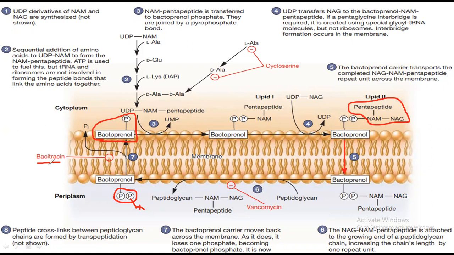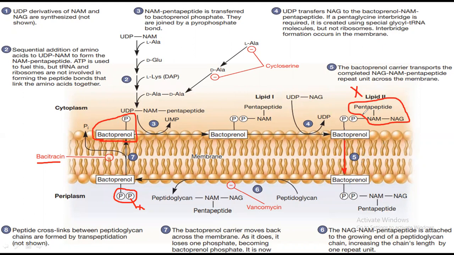So what does this bacitracin do? It does not allow the bactoprenol to be dephosphorylated, and if it is not dephosphorylated, it could not move across the membrane, and it could not get inside the cytoplasm. If we are not having bactoprenol, these units cannot be transported across the plasma membrane, and they will remain in the cytoplasm.